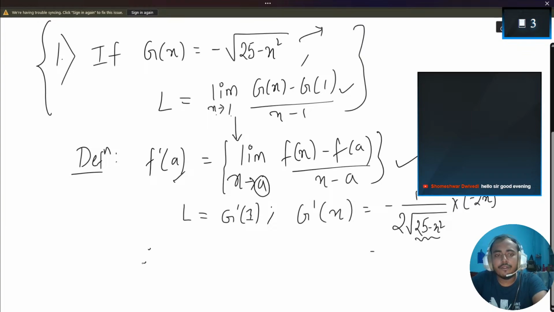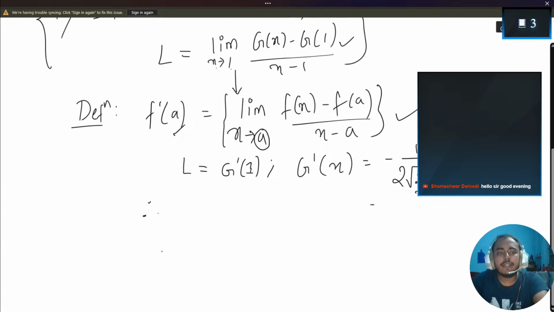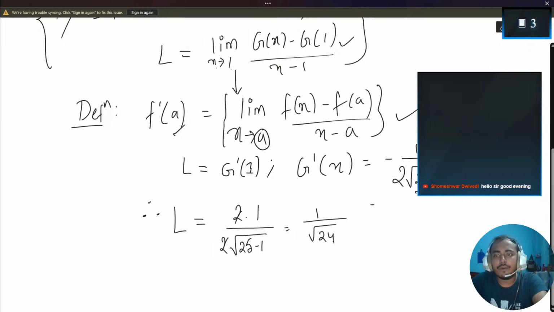And therefore the required limit should be equal to this at the point 1, that is, minus minus 2x. So 2 into 1 divided by 2 times root over 25 minus 1. Cut off the 2's, you get 1 by root over 24. So this should be your final answer.